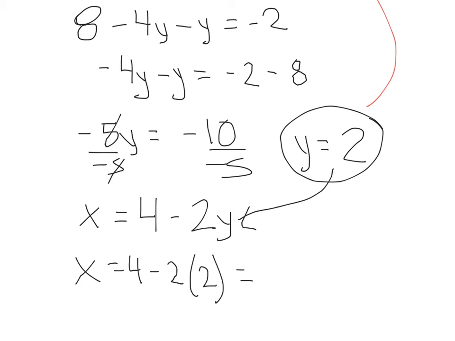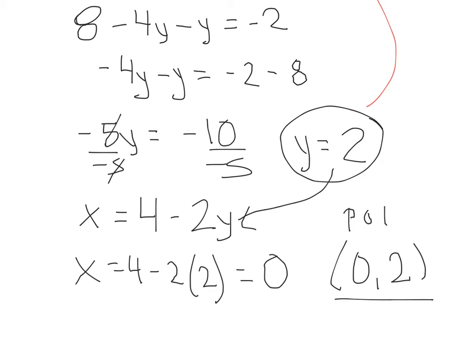So x equals 4 minus 4, which is 0. So our point of intersection for these two lines is x is 0, y is 2. If we were to graph the two lines, what we would find is that this is the spot where they would intersect each other. Let's look at the next example.